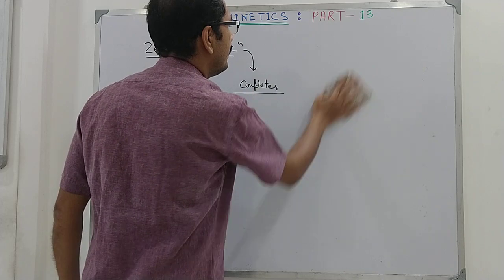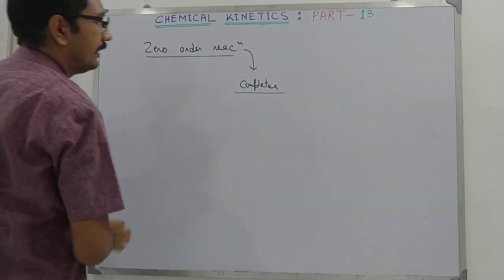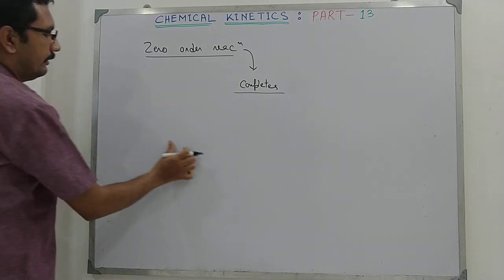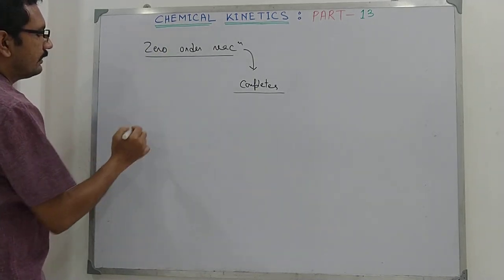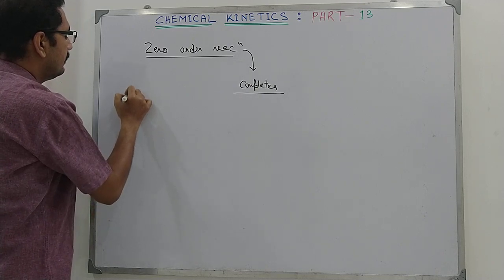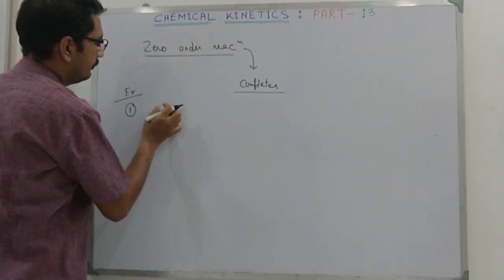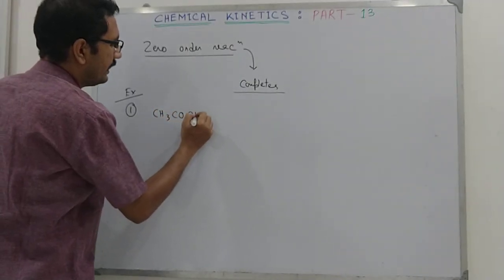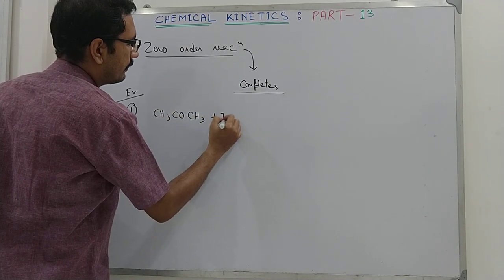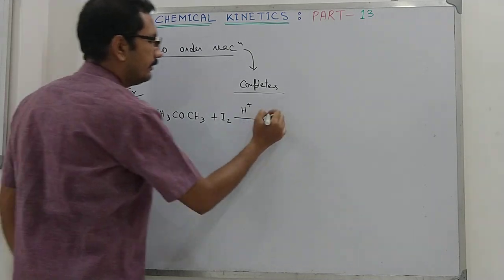But you see, zero order reactions are not independent. Examples of zero order reactions: this is example 1, when there is iodination of acetone, CH3COCH3 plus I2, if it is acid catalyzed.